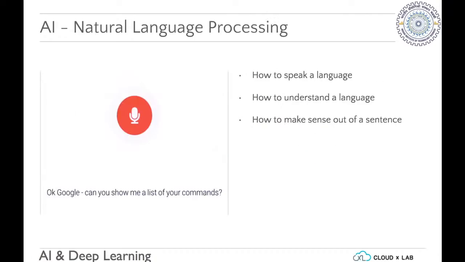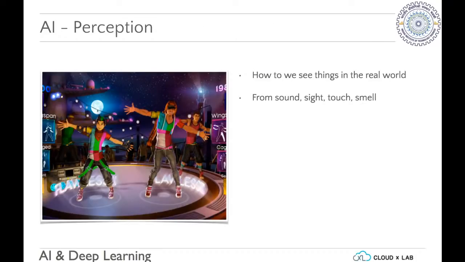The other objective was, can it do natural language processing? Can it speak a language? Can it understand a language? Can it make sense out of the sentence using the knowledge? The next sub-objective was the perception.